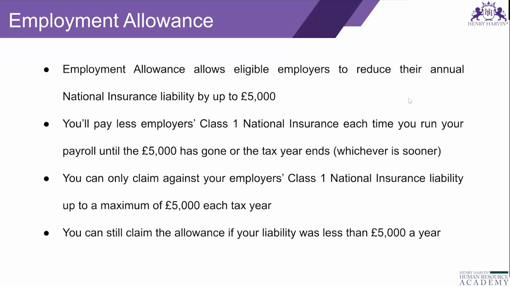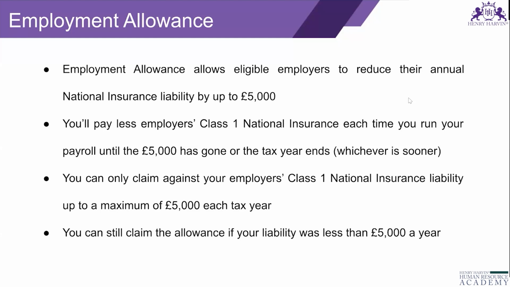All employers don't get this. Normally it's those doing business in service and good selling. We'll see that in detail in upcoming slides. But for now, you just need to know that we get this benefit. It could be a maximum of 5,000, not more than that in a year.